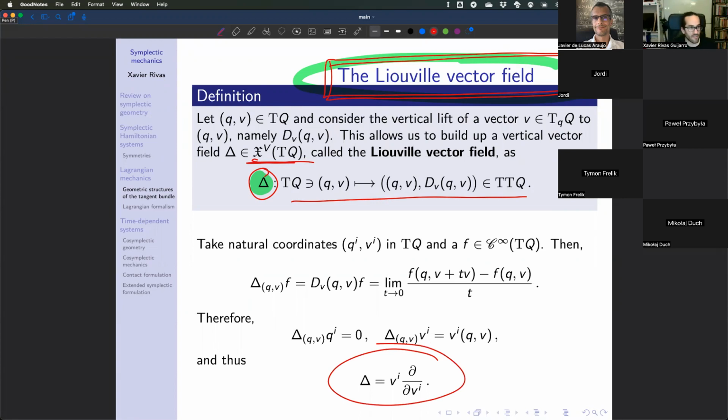This is the Liouville vector field. Sometimes it's also called the Euler vector field or the dilation vector field. You can find it with many names, but this is a natural structure in any tangent bundle. You can define it intrinsically like this, and in coordinates, it looks just like this. You can see that it is vertical.